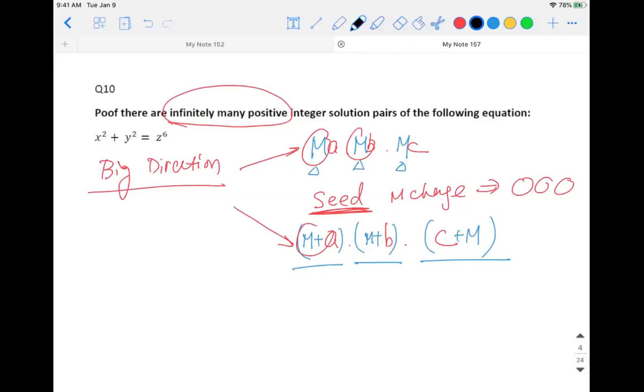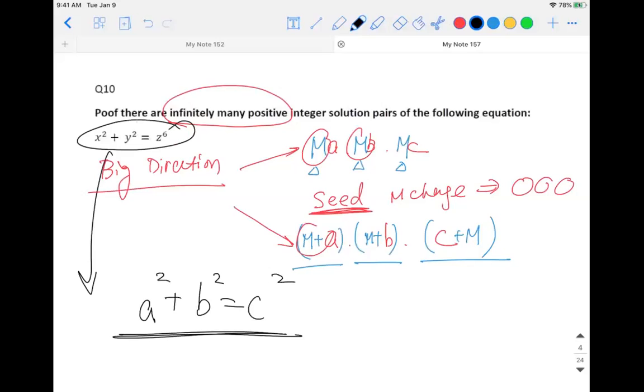Okay, so first of all, a quick observation: we find it's quite similar to the Pythagorean theorem, x squared plus y squared equals z squared, right? So that being said, you will be able to find a squared plus b squared equals c squared. You have a Pythagorean triple, and you make sure this equation holds.